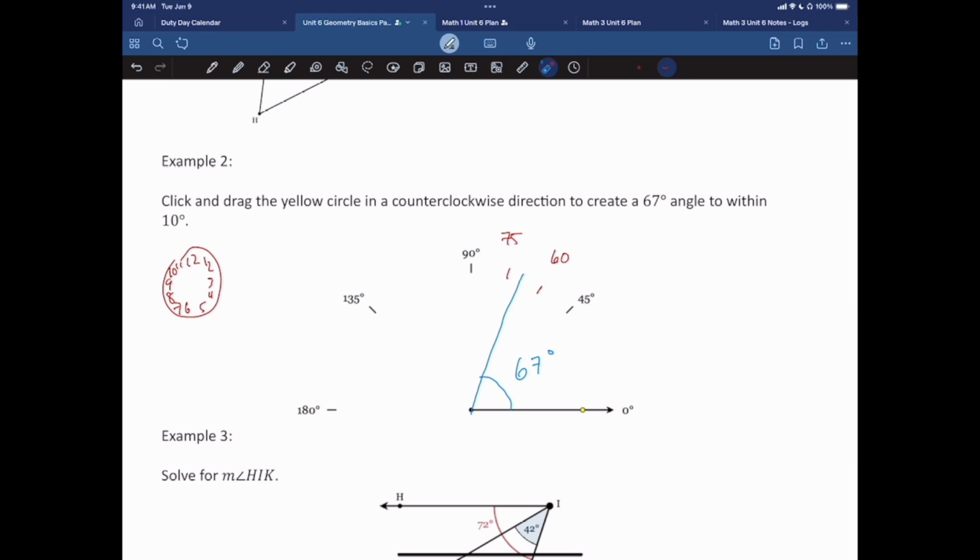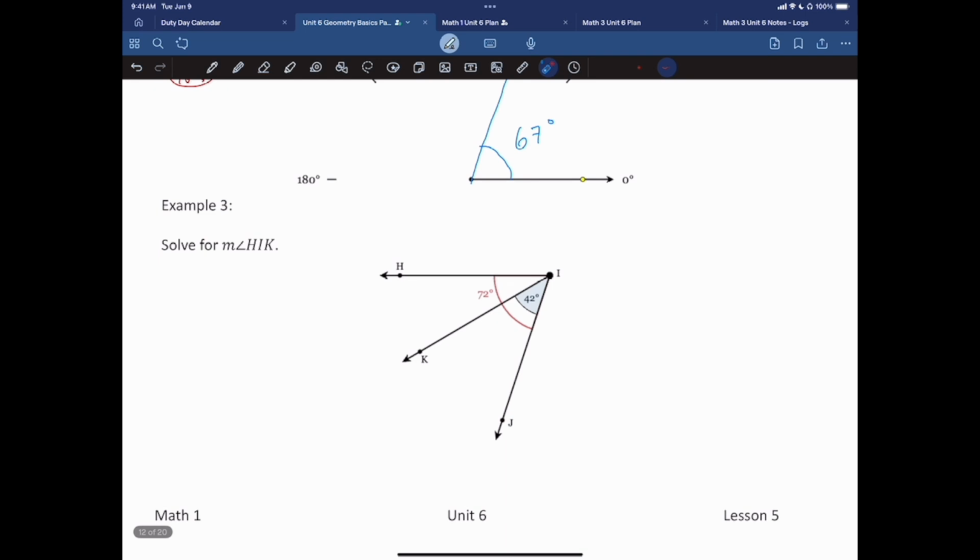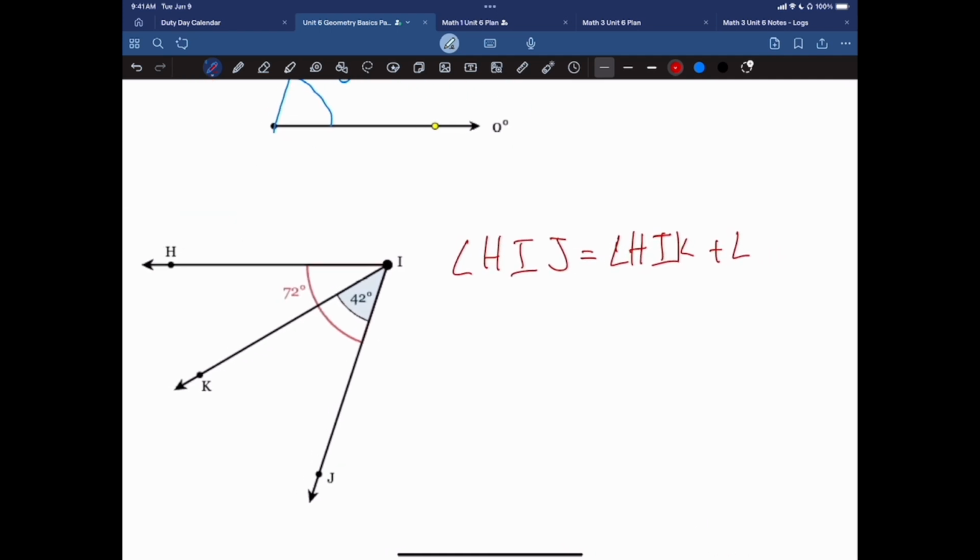Just like with our segment addition postulate, we also have an angle addition postulate. If I'm looking at this, the whole angle can be broken up into this angle plus this angle. I could say angle HIJ is going to be HIK plus KIJ. Let's write that down. Angle HIJ equals angle HIK plus angle KIJ.